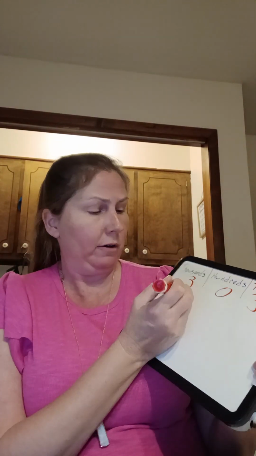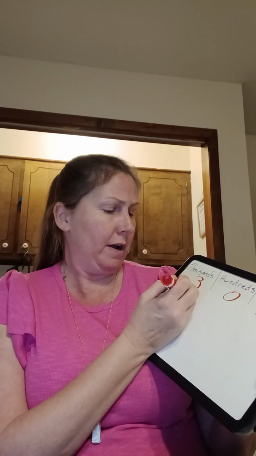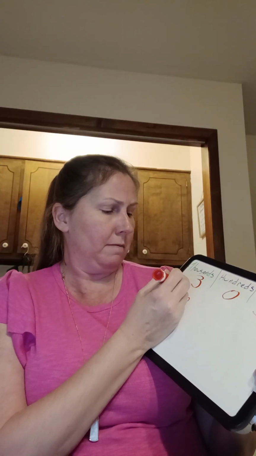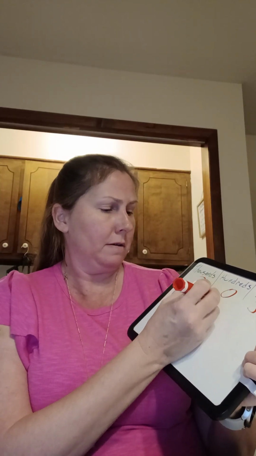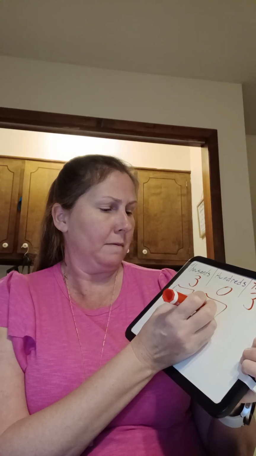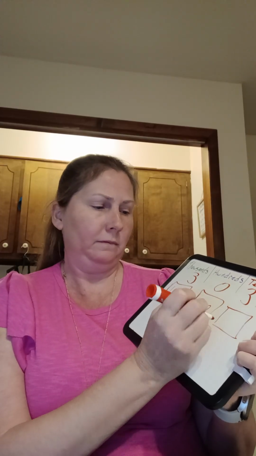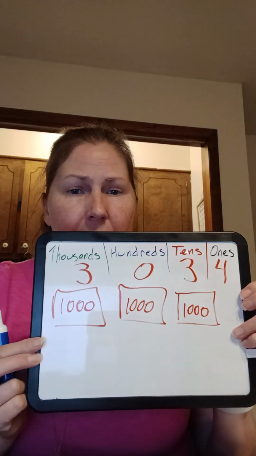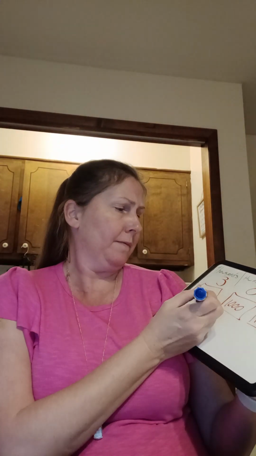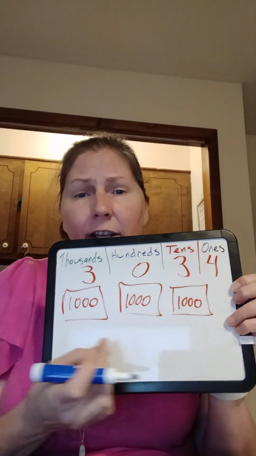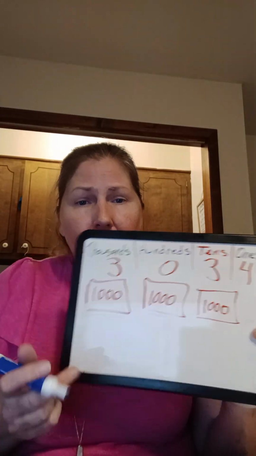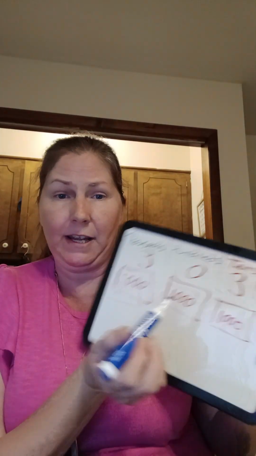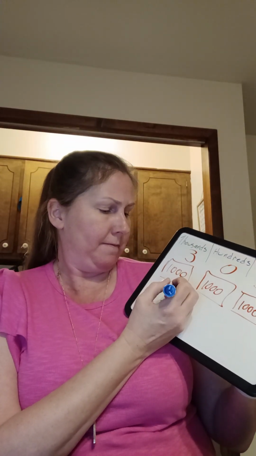And then we can go and draw our blocks. Give me a different color here. There's my 3 groups of 1,000. All right. I don't have to put anything in there because I have nothing in my group of hundreds. So next we move to the tens. All right.